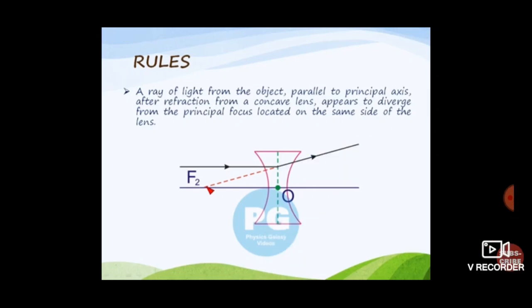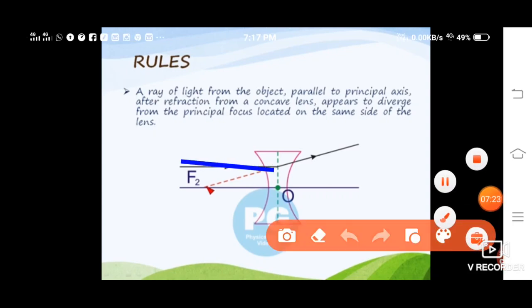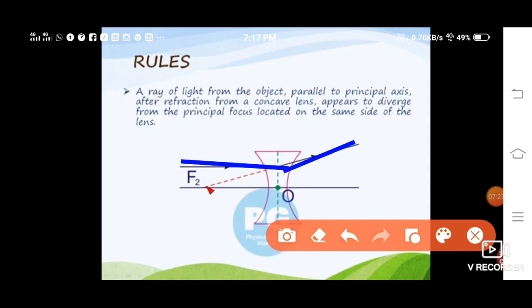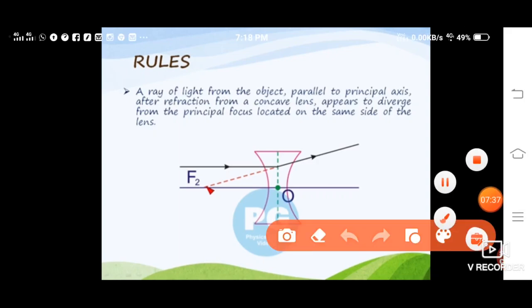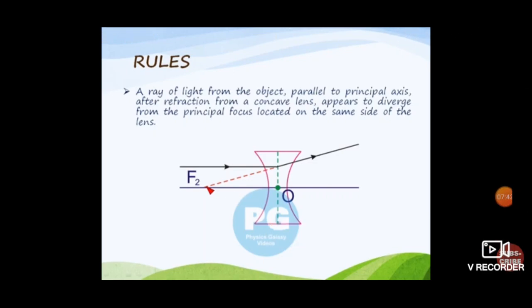So it is coming like this and it is going in this way. That means it appears to be diverging from the principal focus. And one more thing, the principal focus is on the same side, which is the principal focus located on the same side of the lens.